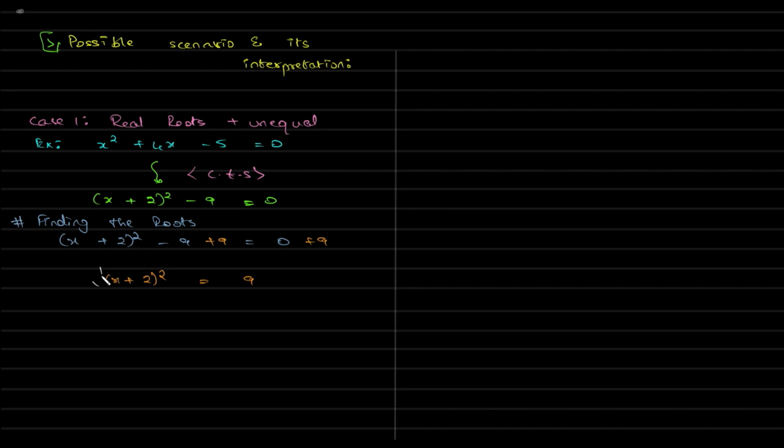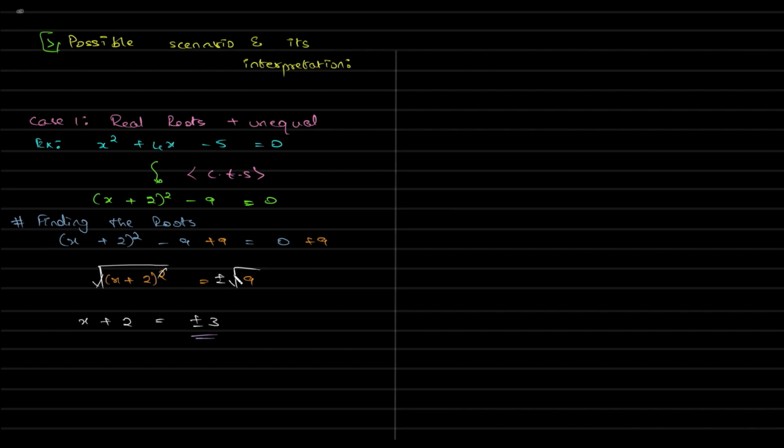And to make this go away, we have square and square root being cancelled, and we have x plus 2 is equal to plus or minus 3. Why this is plus or minus 3, I've explained in the other video.